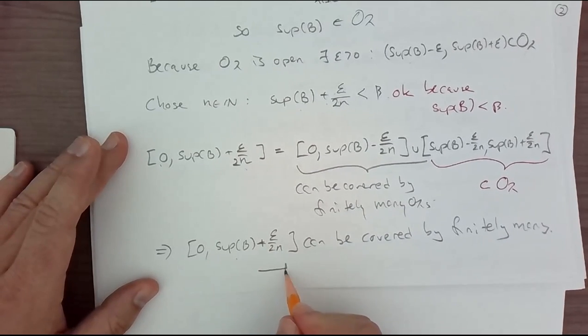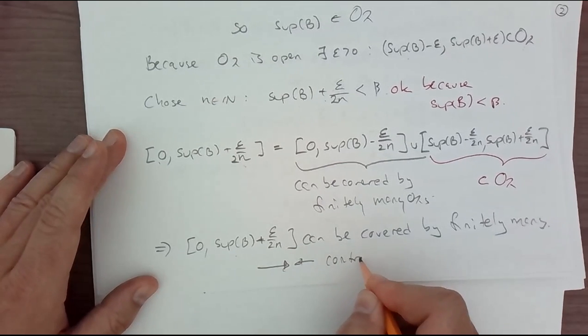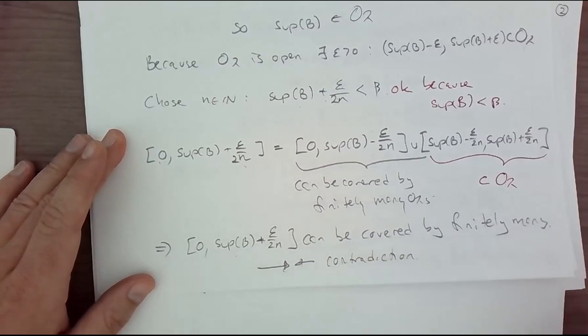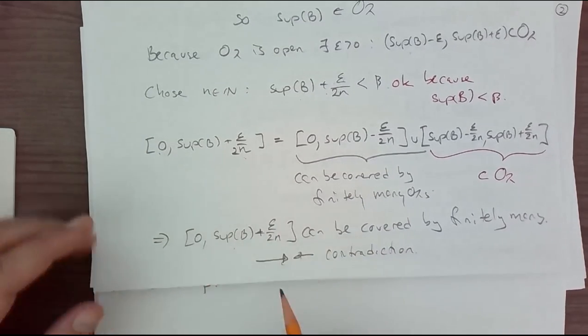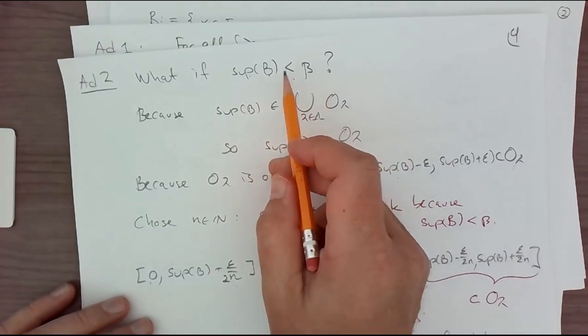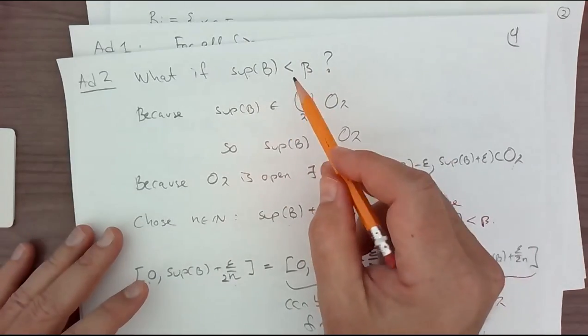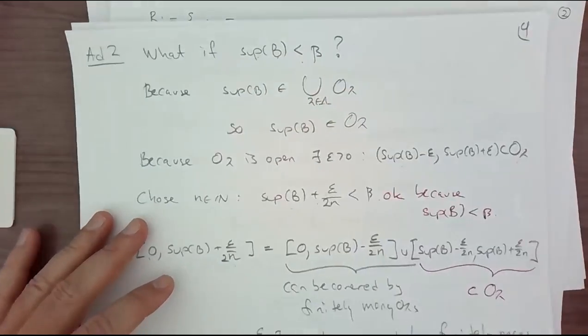So this is a contradiction, because I was able to go a little bit further than sup b. And that means that this thing here fails. Okay, so that means that we know that it's always less than or equal to. So the only thing that remains is that sup b has to be equal to beta.